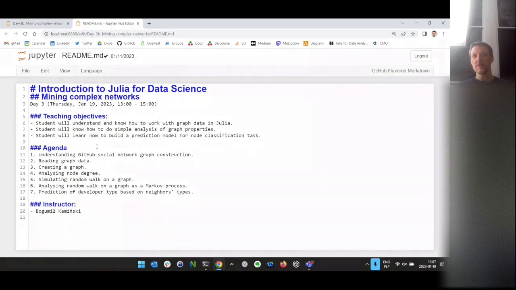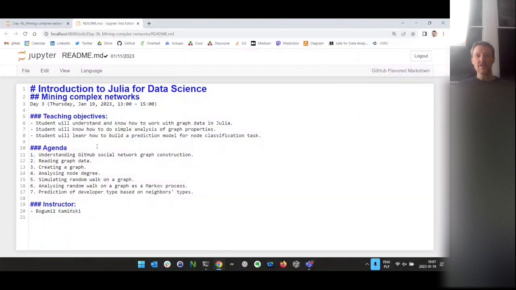So for example, you can think of that in a social graph, for example, on Facebook or Twitter, nodes are users, and edges are information which two users, for example, know each other or exchange messages one with the other.